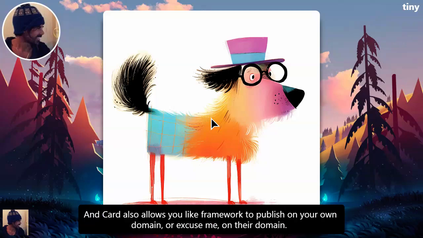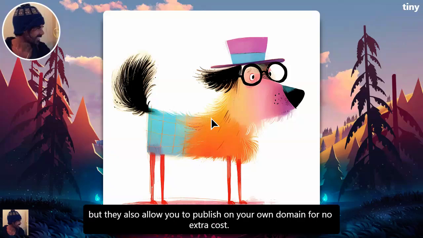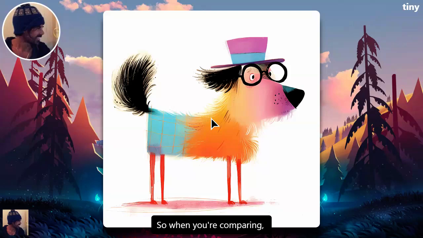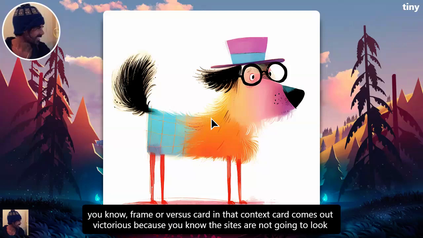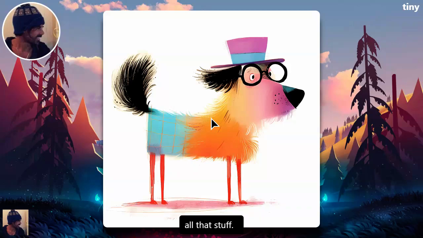And Card also allows you, like Framer, to publish on your own domain, or on their domain, a card.co domain, but they also allow you to publish on your own domain for no extra cost. So when you're comparing Framer versus Card in that context, Card comes out victorious because, the sites are not going to look quite as fancy. They're not going to have quite as many very cool animations and moving parts and all that stuff.